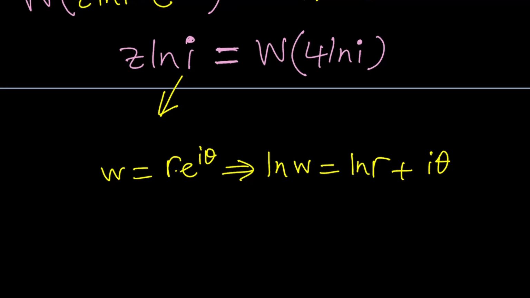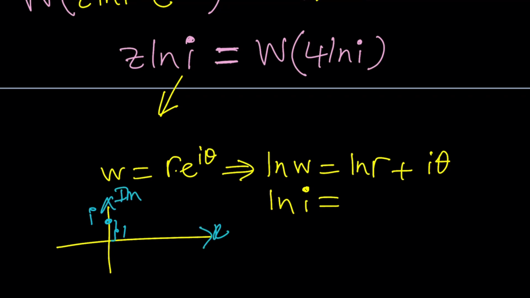So that's basically the idea, and if you apply it to ln i, the modulus for i is 1, because if you think about the Argand plane, the distance from 0 to i is 1 unit. This is the imaginary axis, and this is the real axis, as you can see. And of course, its argument is going to be pi over 2.